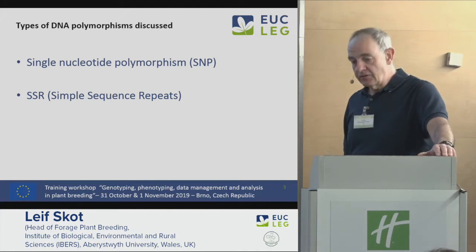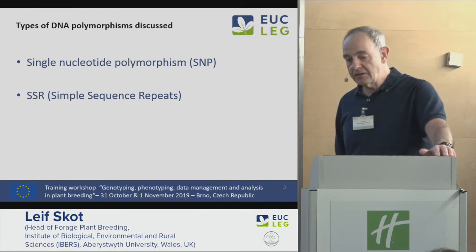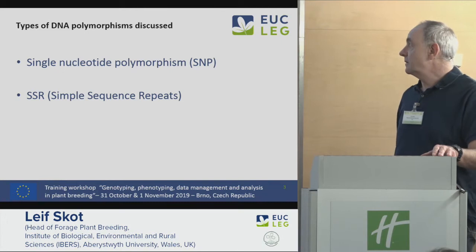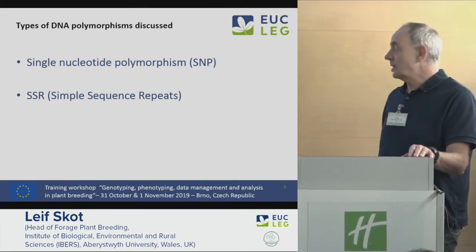So they are useful for certain things still, and there are some examples I'm going to mention which use simple sequence repeat markers, but mostly things are done with single nucleotide polymorphisms.